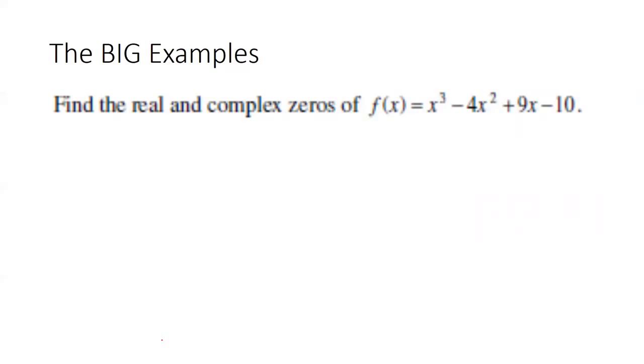So use the rational zero test, start guessing, find that first factor, and then you're going to have a quadratic left. Then go ahead and solve that quadratic, and then we'll talk about what comes out in the end. I'll give you a second to do that. Try it on your own first. Hit pause.